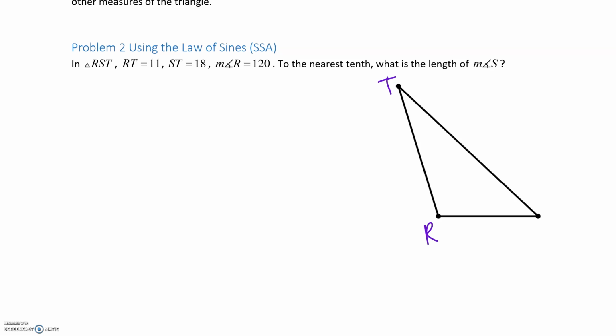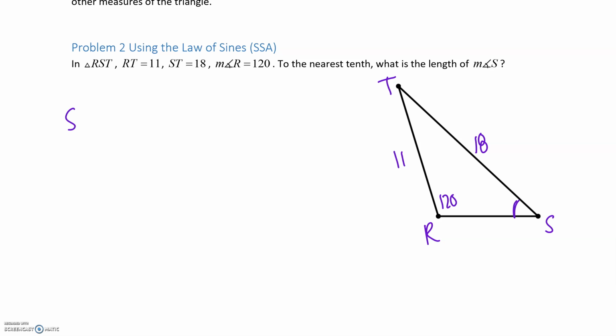So this is going to be R, and this is going to be S, okay? So it tells us that RT is 11, ST is 18, and the measure of angle R is 120. And it wants us to find the measure of angle S.